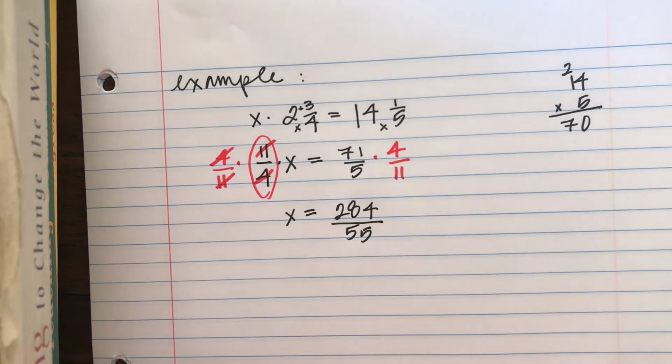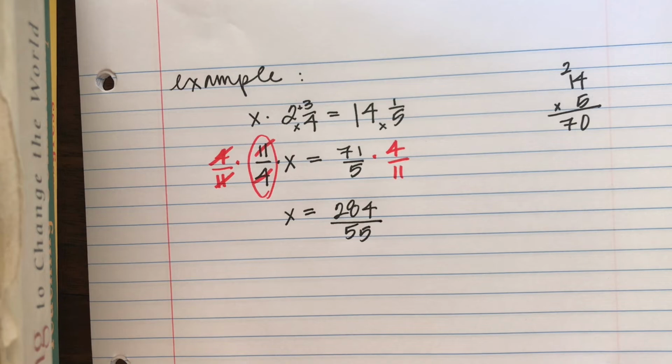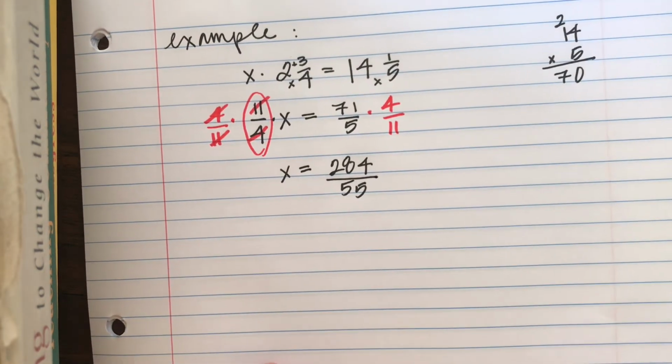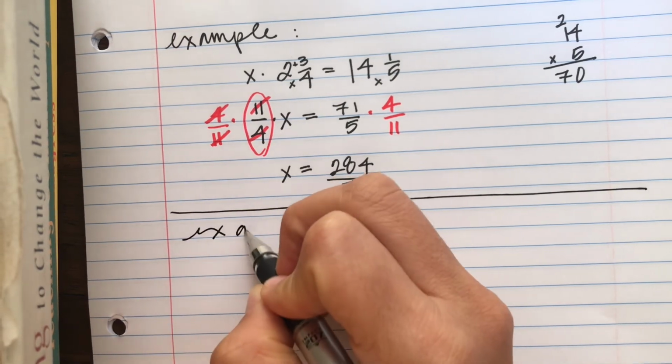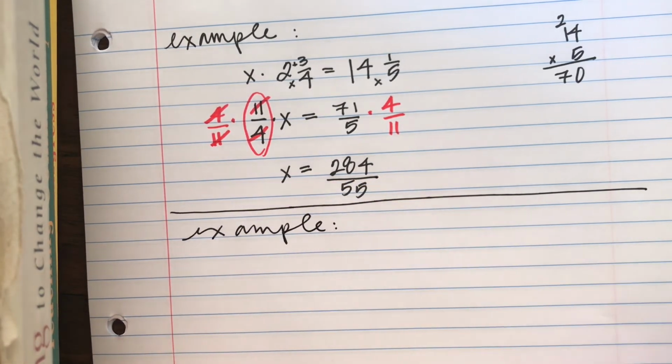Okay. The second example I'm going to give you is one you will see in your independent practice. You'll see it written with a division symbol instead of a division bar, but you will approach it the same way, okay?